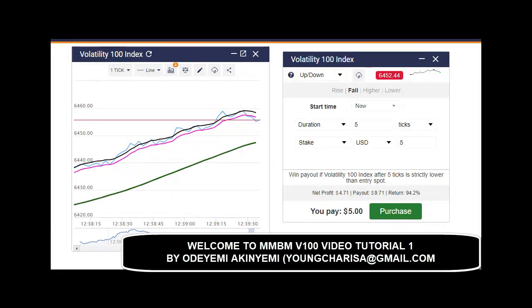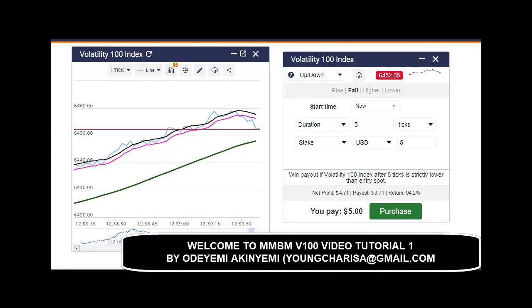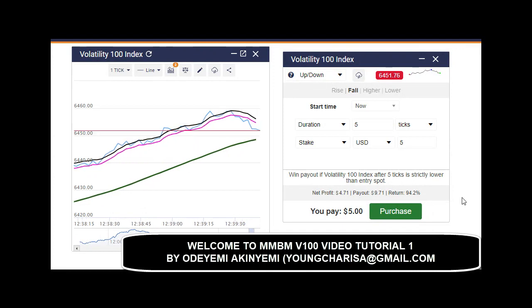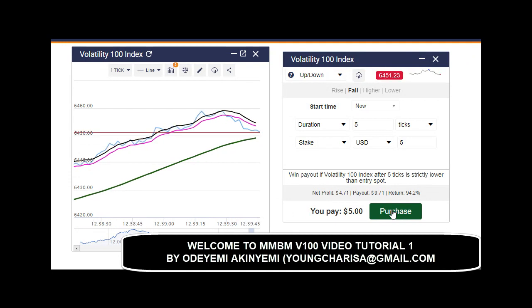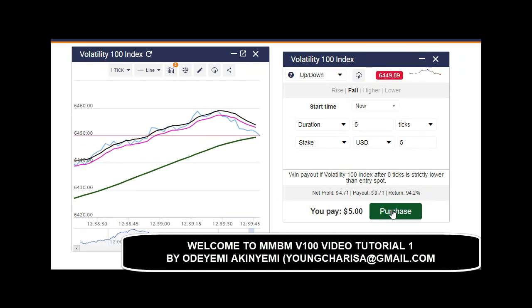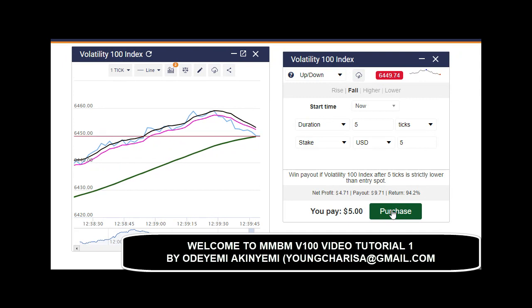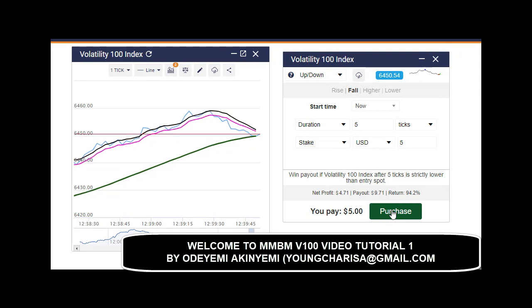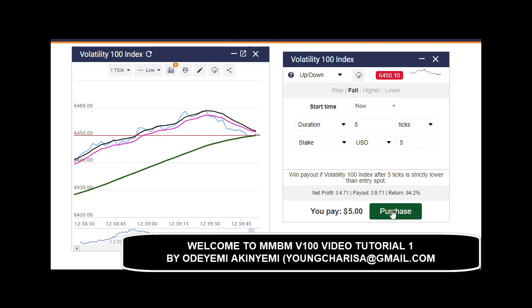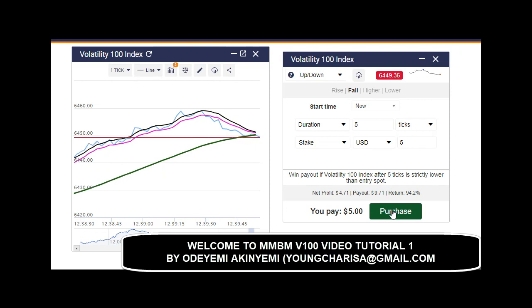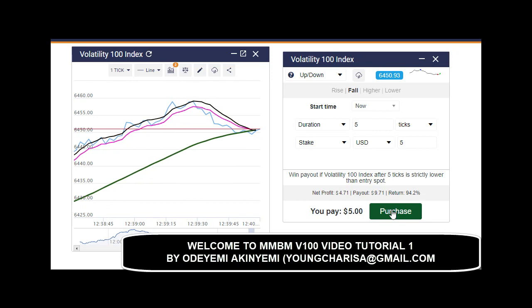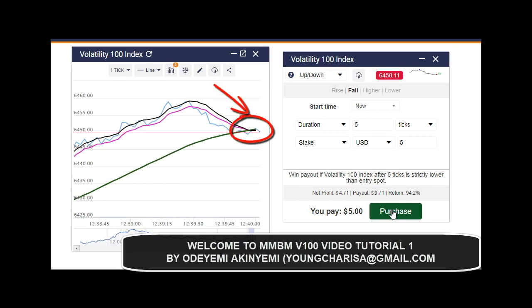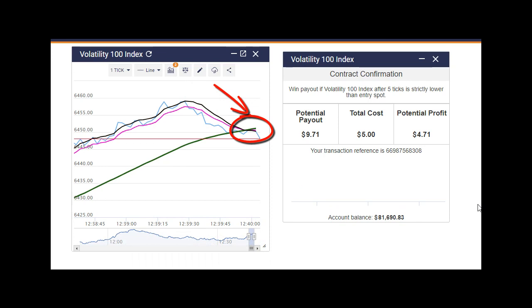So let's see if it comes down this way. Let's trade.